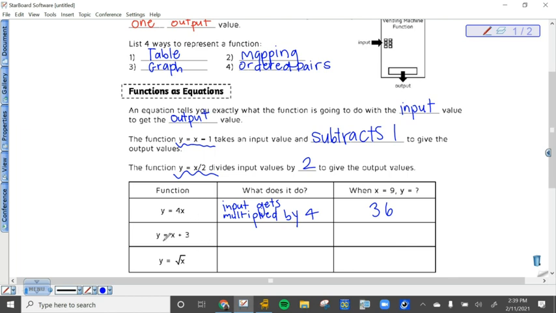How about this one? What does this function do to my input? Yeah, it's an addition. So the input gets added to 3.